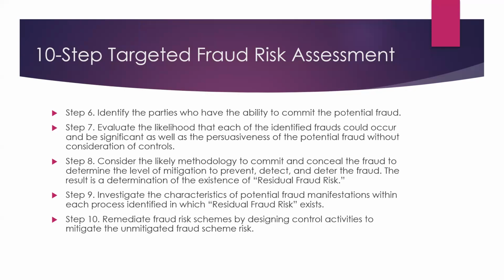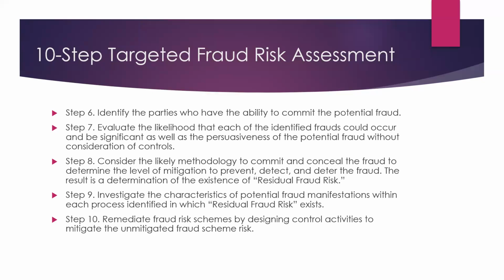In step 9, we're going to investigate the characteristics of potential fraud manifestation within each process identified in each residual fraud risk. All right, so here, this requires the fraud examiner to investigate the characteristics of potential fraud manifestation within each process. And we want to know if that residual fraud risk exists.